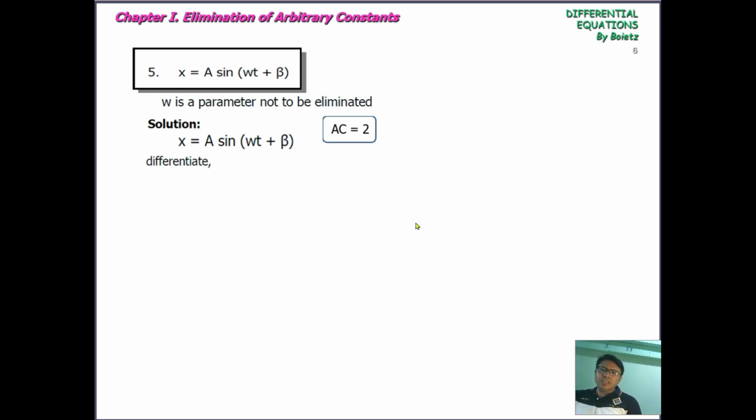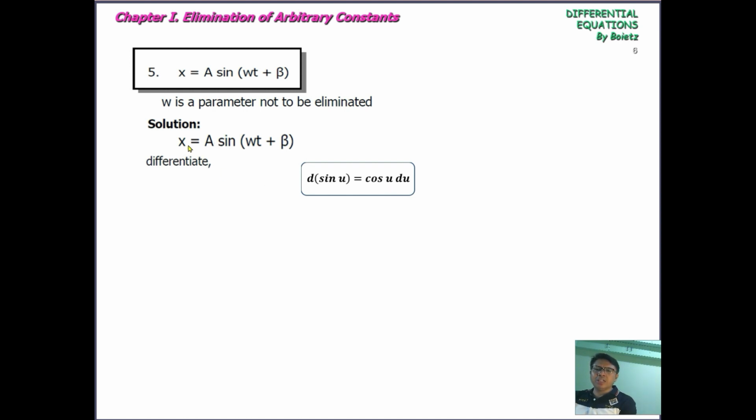Okay. So, differentiate muna. Here ang mangyayari, derivative ng x with respect to t. Wala nang y dito. So, dx over dt mangyayari dito. Since this one is a sine, meron tayong derivative ng sine u. The derivative of sine u is equal to positive cosine u du.